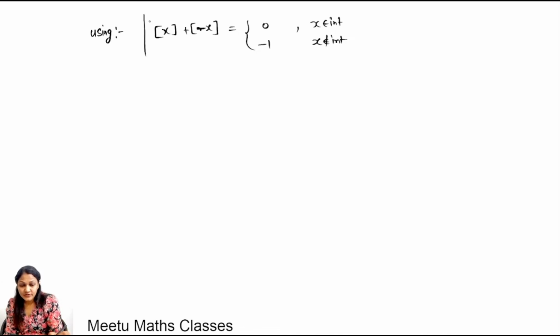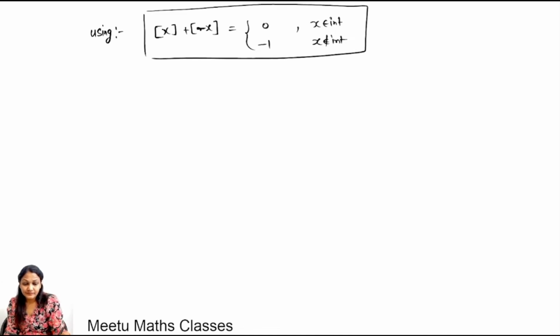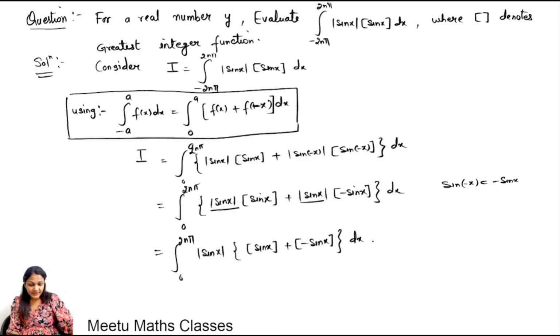So if we use this property here, I will become either 0 or minus 1.